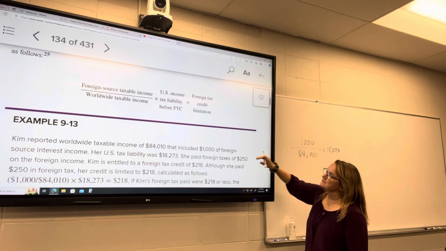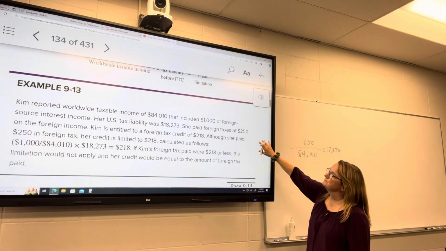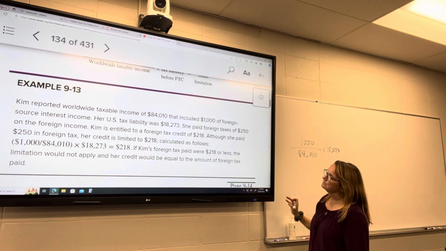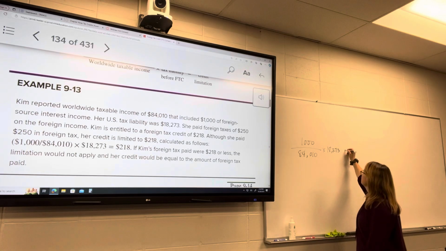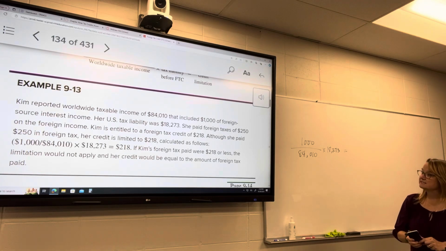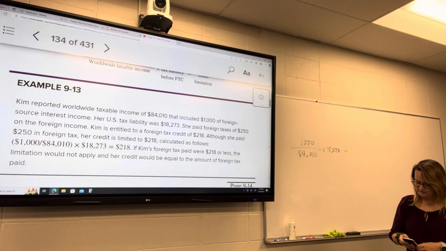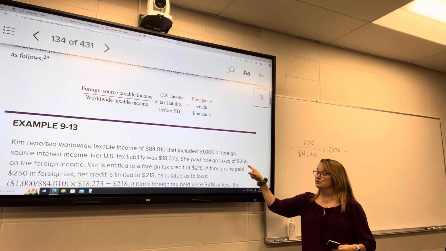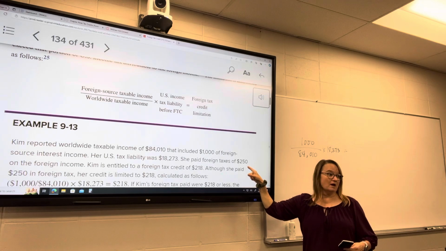Again, US income tax liability before the foreign tax credit. She paid foreign taxes of $250 on the foreign income, but according to this calculation, she's going to be entitled to a $218 foreign tax credit.